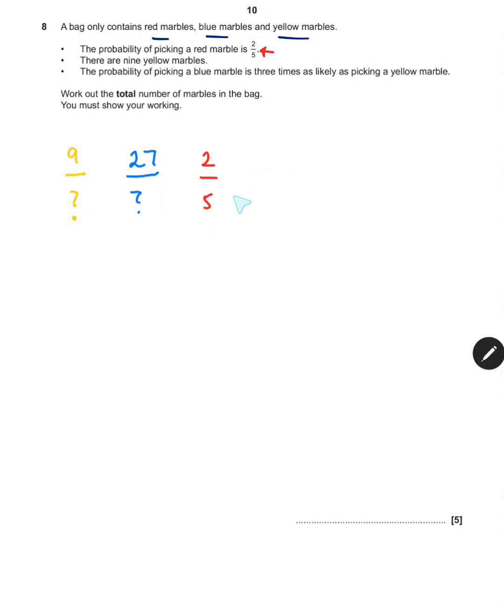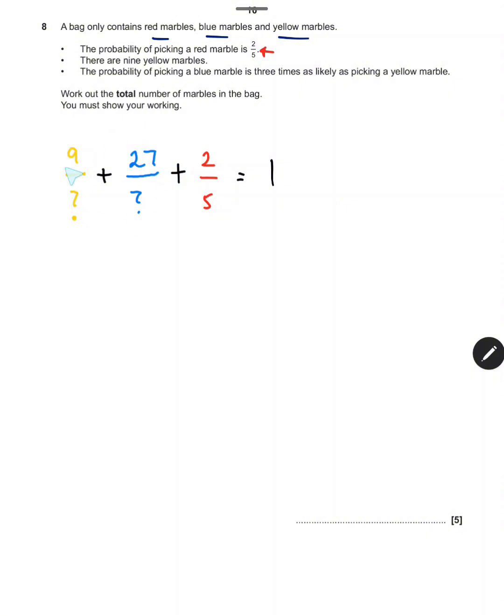They could be 4 out of 10 or 8 out of 20. So we don't know this total. What we do know is if we add those 3 fractions together, then that's going to give us everything. That's the whole one. So we can start to work this through at this point.